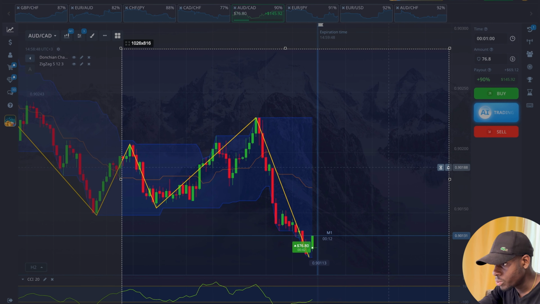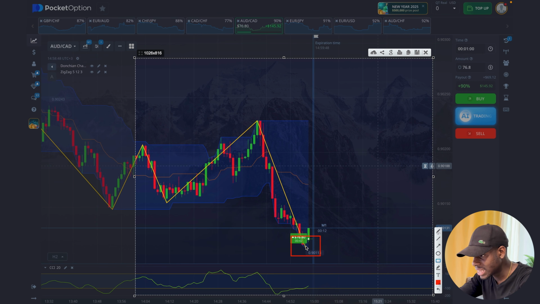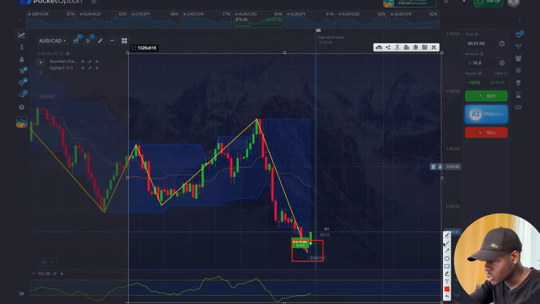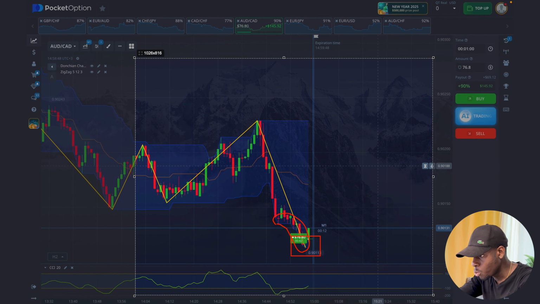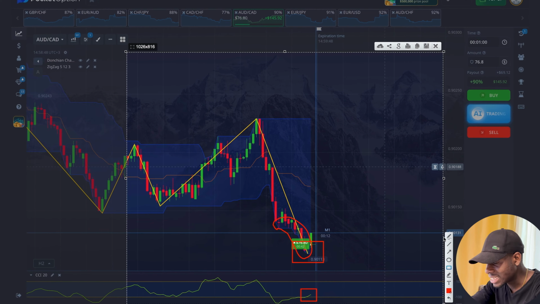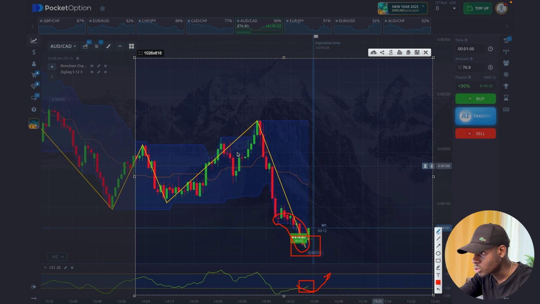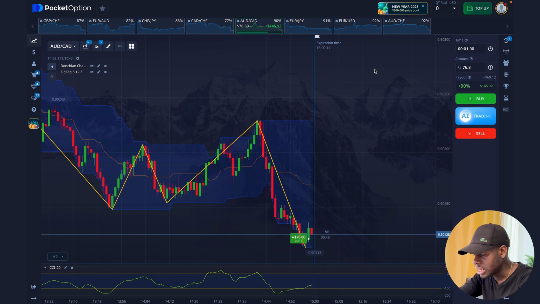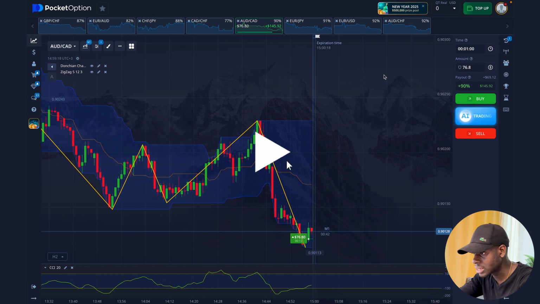We see the formation of a new global minimum over there, and the zigzag has also updated. After this zigzag update and this move downwards, we also see the CCI exiting the oversold zone. Everything is literally pointing to an upward increase in the next candle or two. This was a perfect entry and a perfect example of this.